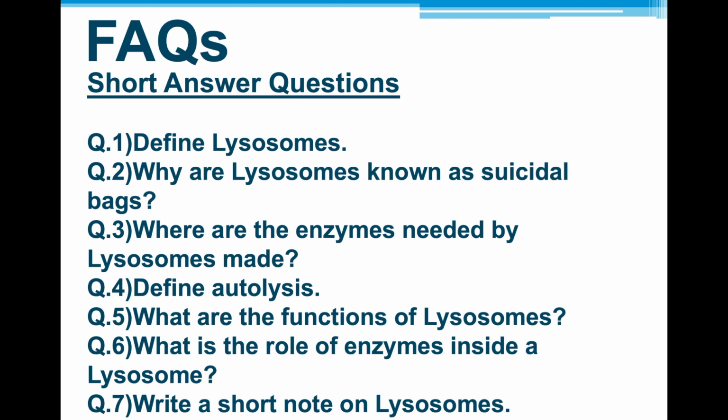Now, in last, frequently asked questions. First, short answer questions. Question number 1. Define lysosomes. Question number 2. Why are lysosomes known as suicidal bags? Question number 3. Where are the enzymes needed by lysosomes made?